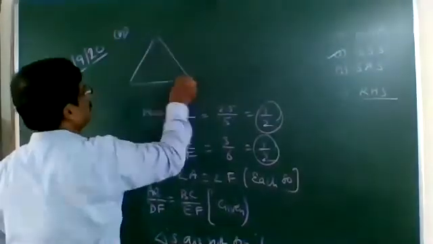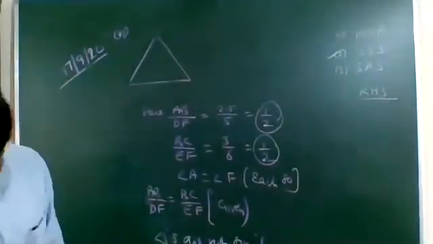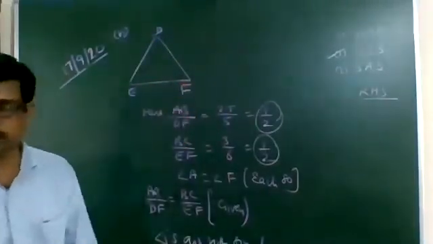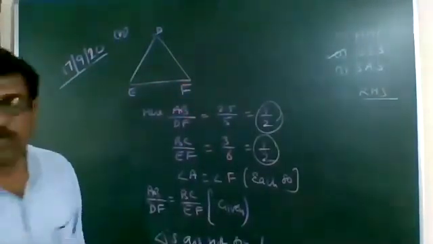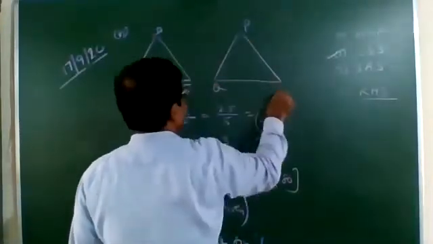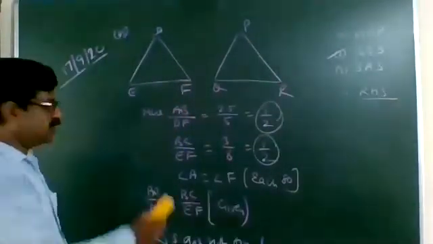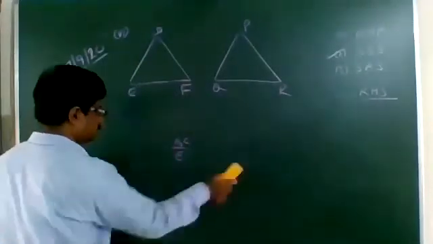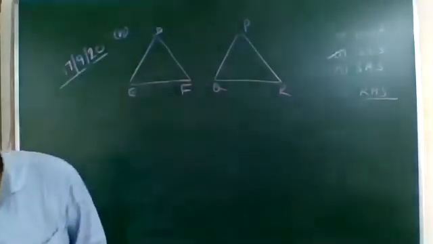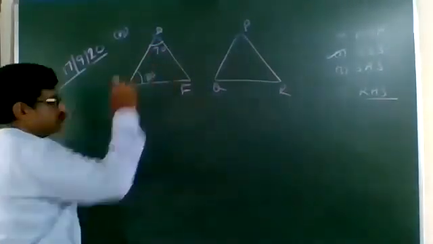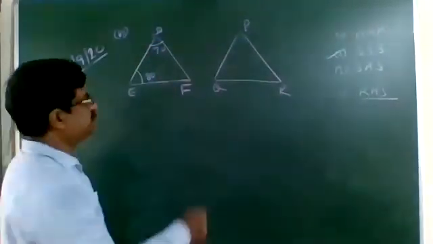Sixth one is, we got a triangle DEF as well as PQR. Measurements of some of the angles are given. I'll write it here. The angles are 70, 80, and here it is 80, 30.